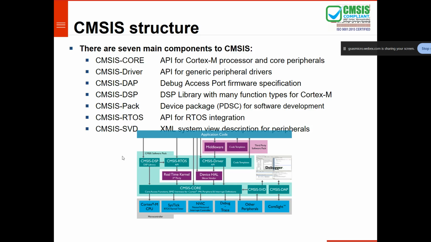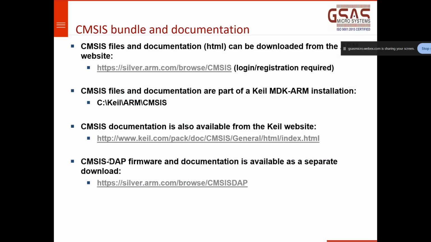In this webinar, I'll be covering CMSIS-Driver, CMSIS-PACK, CMSIS-SVD, CMSIS-DAP. All the information about CMSIS is available on arm.com. Silver.arm.com pages have now all been routed to developer.arm.com, or you can also go to the actual arm.com.